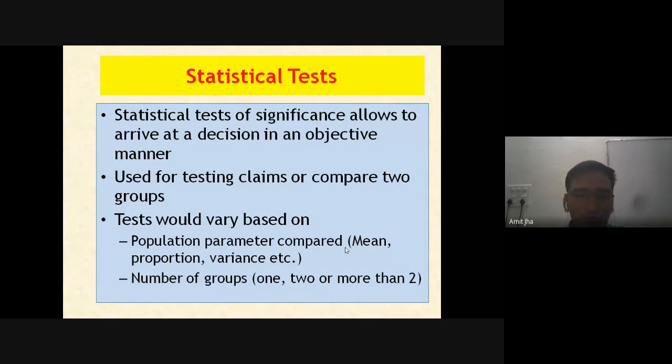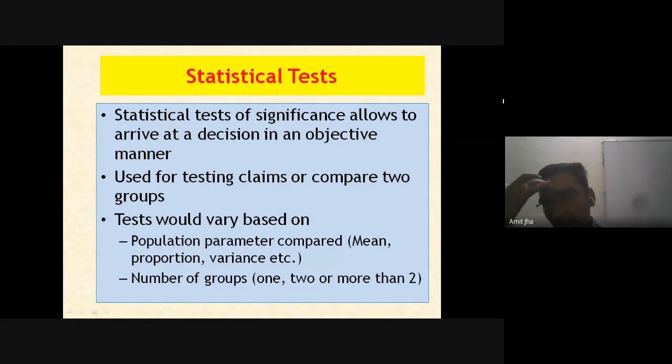So now if you want to conduct an experiment, we must have some statistical test which allows us to arrive at a decision in an objective manner. Objective means there must be some decision or inference whether it is right or wrong, whether it should be taken or not. It should not be subjective.